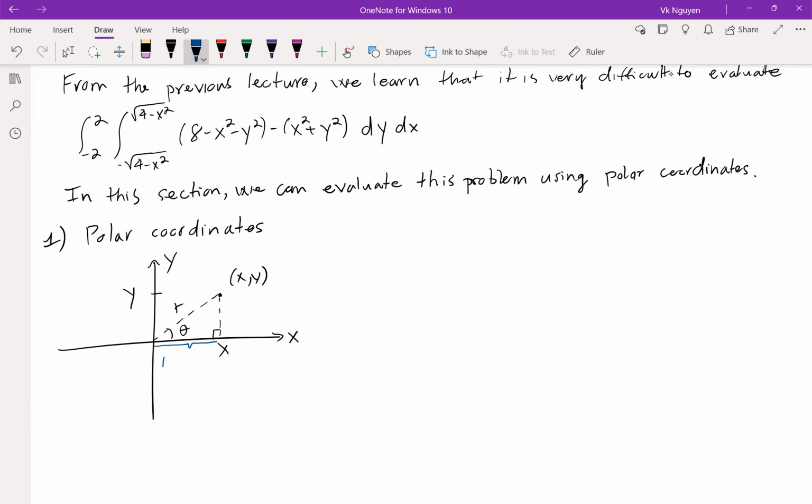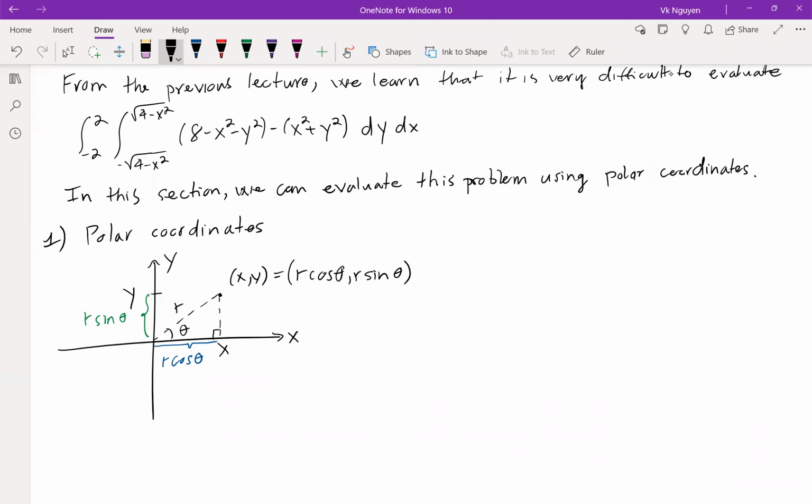So x is going to be r cosine theta, and y is going to be r sine theta.